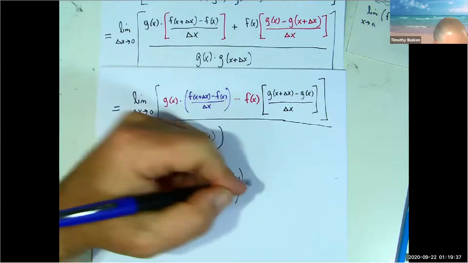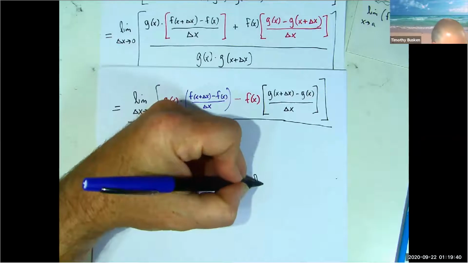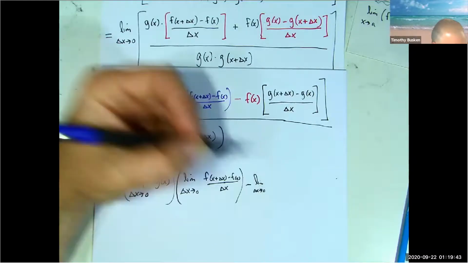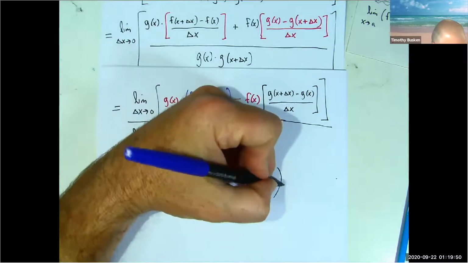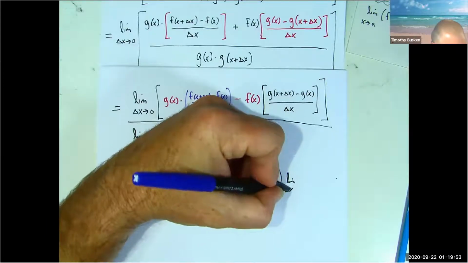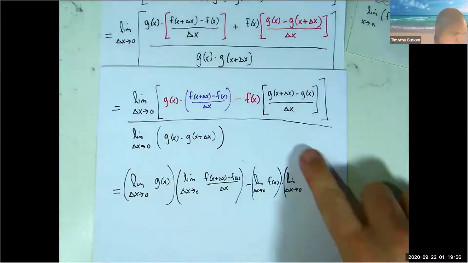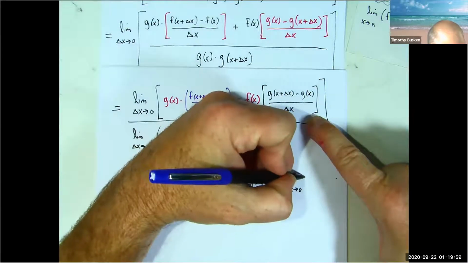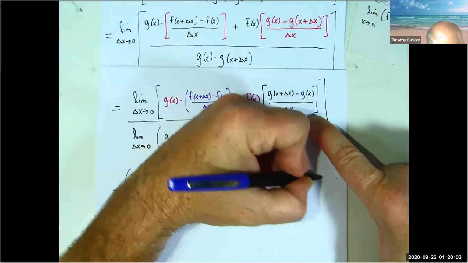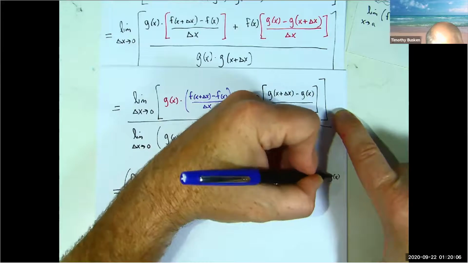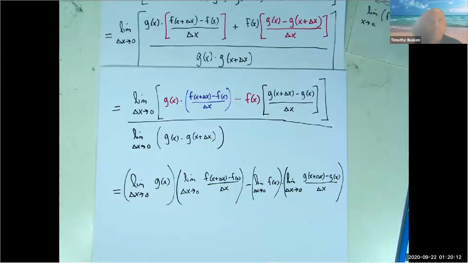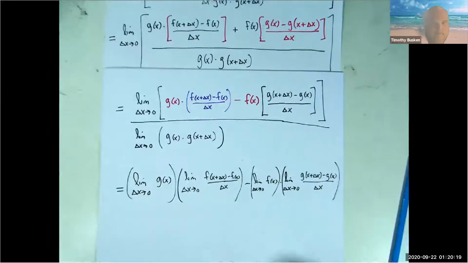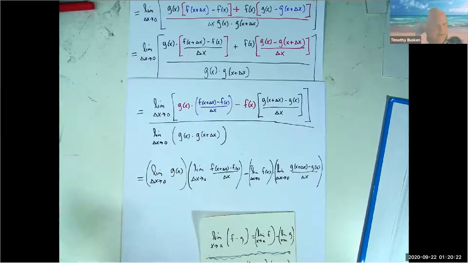And then finally minus the limit as delta x approaches 0 of f of x times the limit as delta x approaches 0 of this difference quotient up here. So again, these were the two properties that I used on that step.